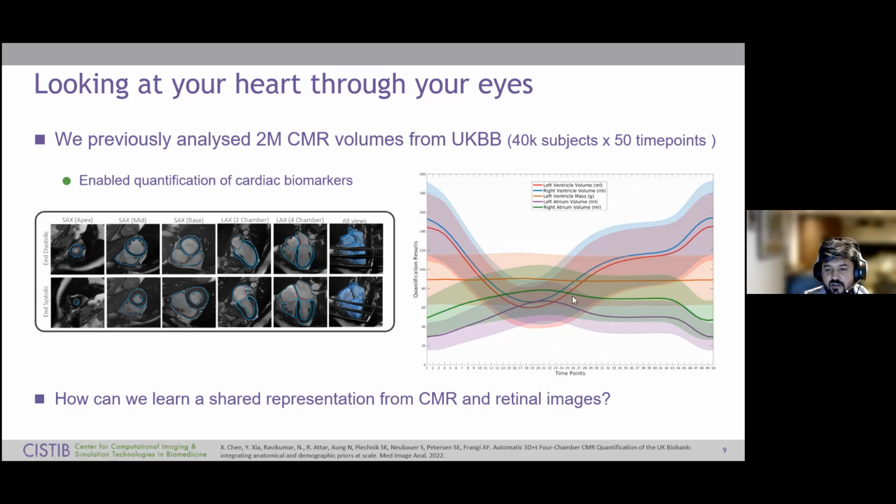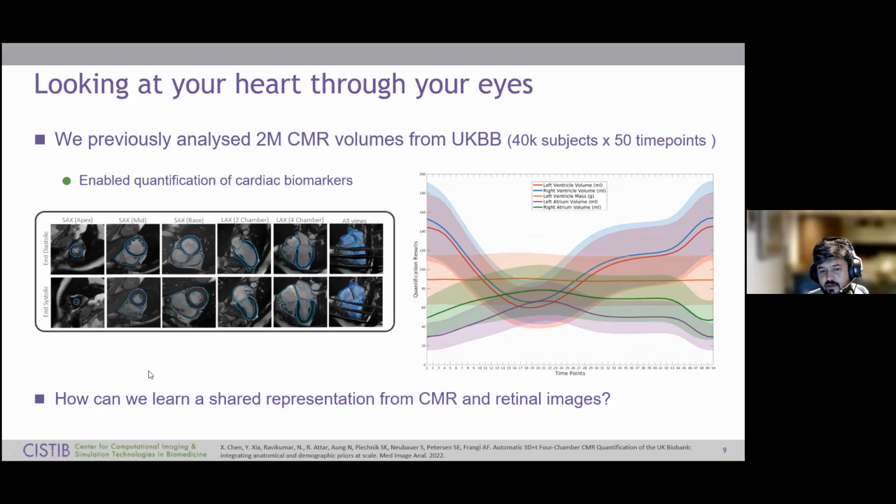So what you see here on the right, the curves and their standard deviations, are representations of how different volumetric indices varied across 40,000 subjects over the entire cardiac cycle. And this type of analysis has only become available in recent times due to technological advances, both in terms of machine learning algorithms, but also, most importantly, in terms of computational infrastructure. So coming back to our study.